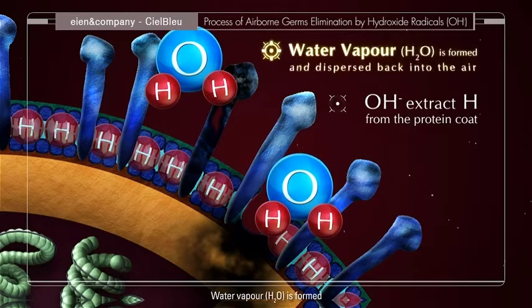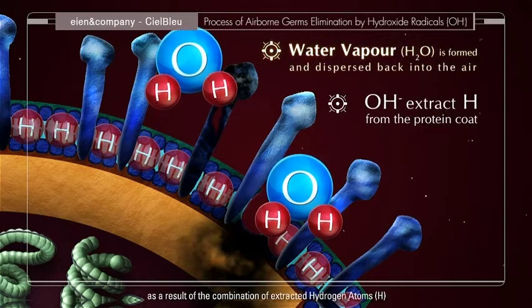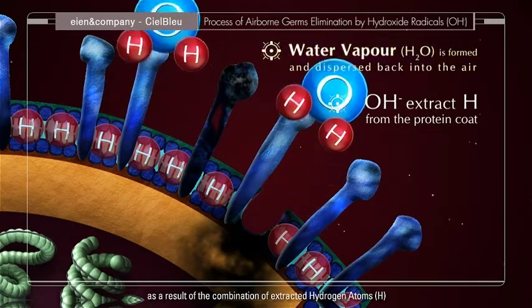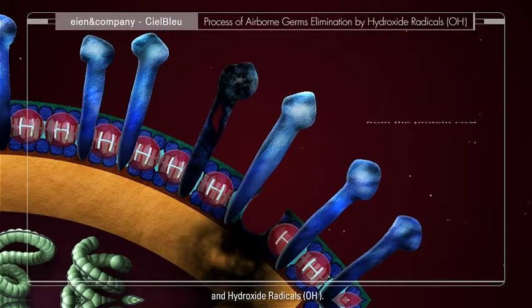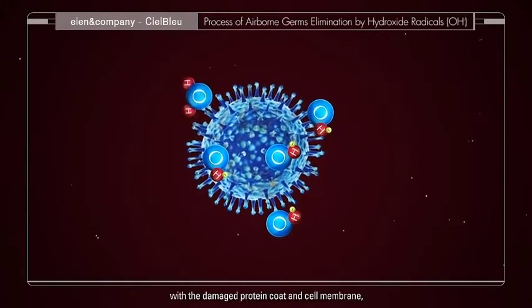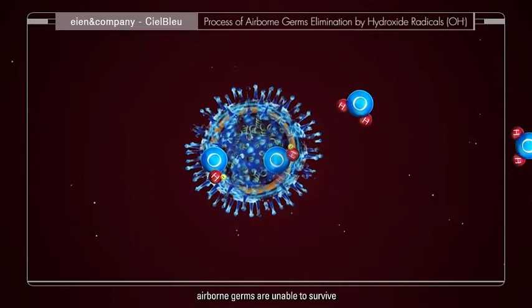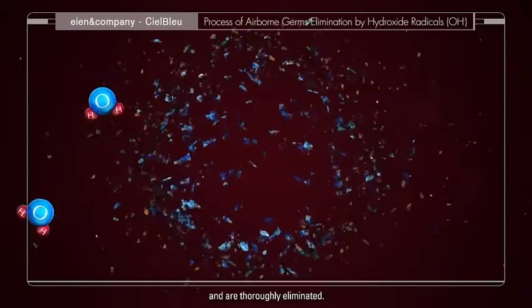Water vapor, H2O, is formed and dispersed back into the air as a result of the combination of extracted hydrogen atoms, H, and hydroxide radicals, OH-. Ultimately, with the damaged protein coat and cell membrane, airborne germs are unable to survive and are thoroughly eliminated.